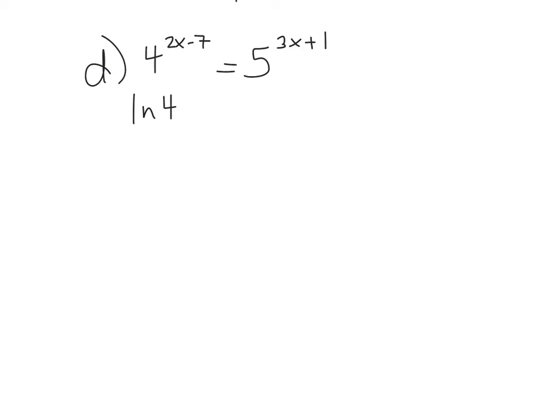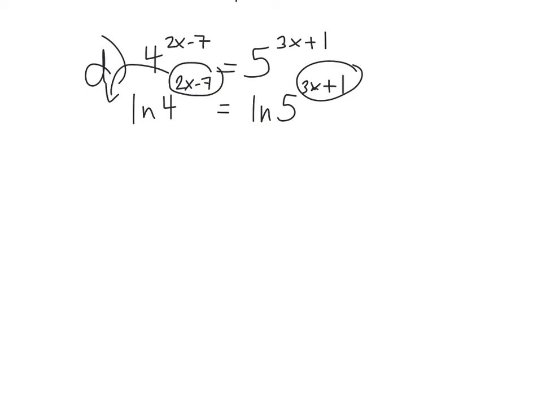Oops, sorry. Sometimes I'm pretty good with writing with this thing, and sometimes I'm not. Equals ln of 5 to the 3x plus 1. Now, I'm still going to apply my power property, so I'm going to bring the entire thing, 2x minus 7 and 3x plus 1, down to the front.